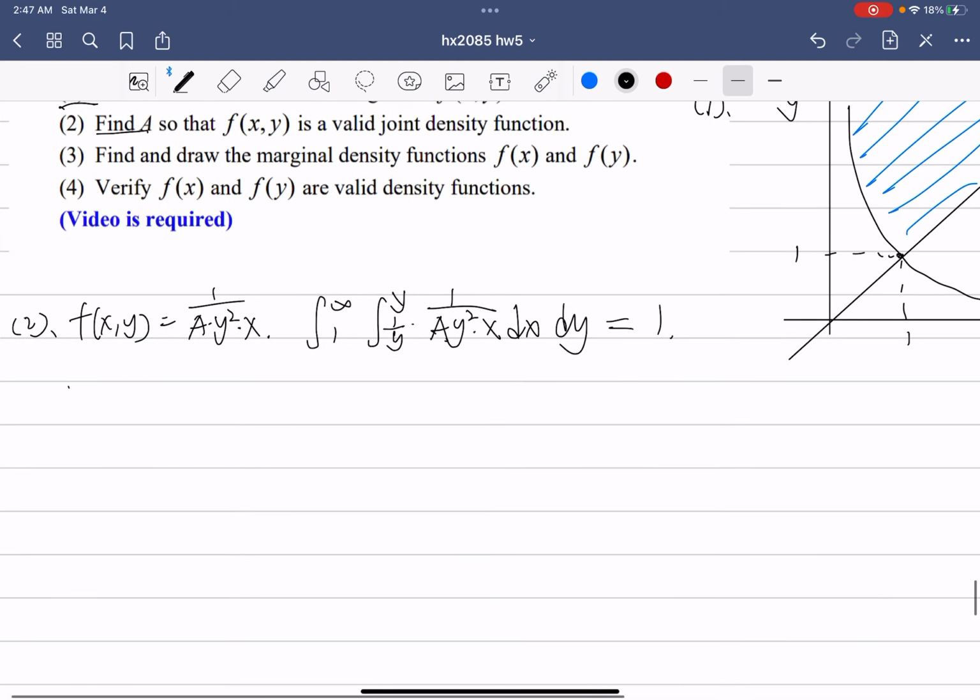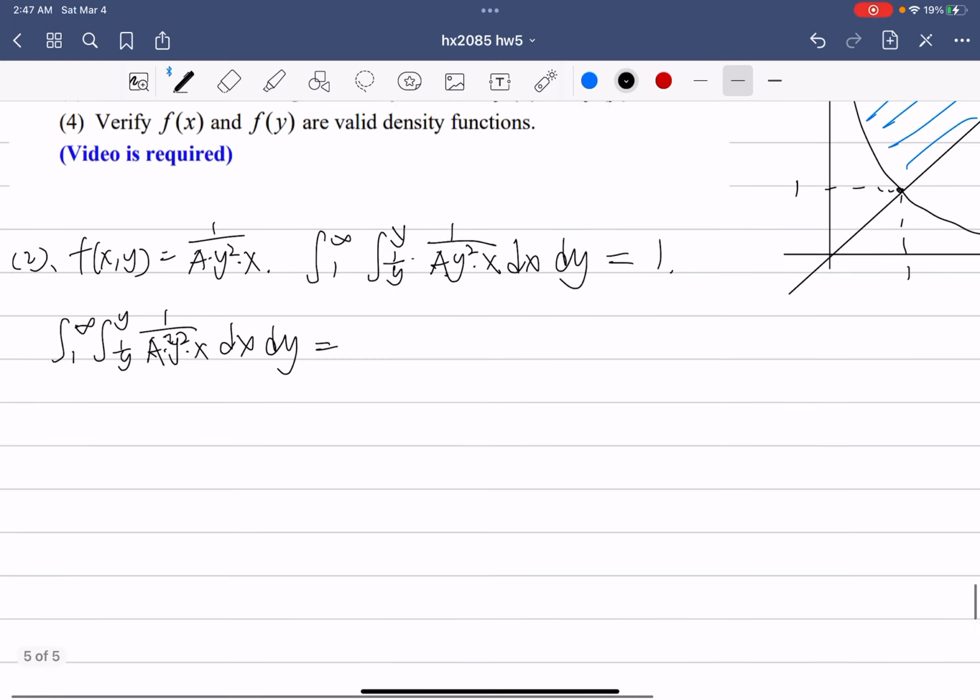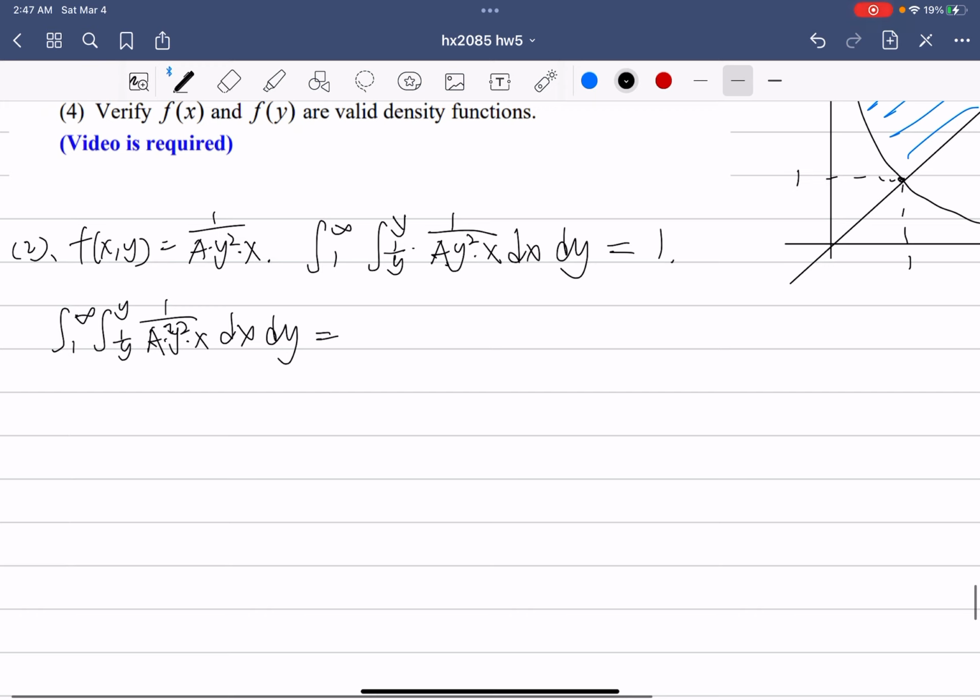So we need to calculate the integral from 1 to infinity, and then the integral from 1 divided by y to y, of a times y squared times x dx dy. We need to calculate it first.